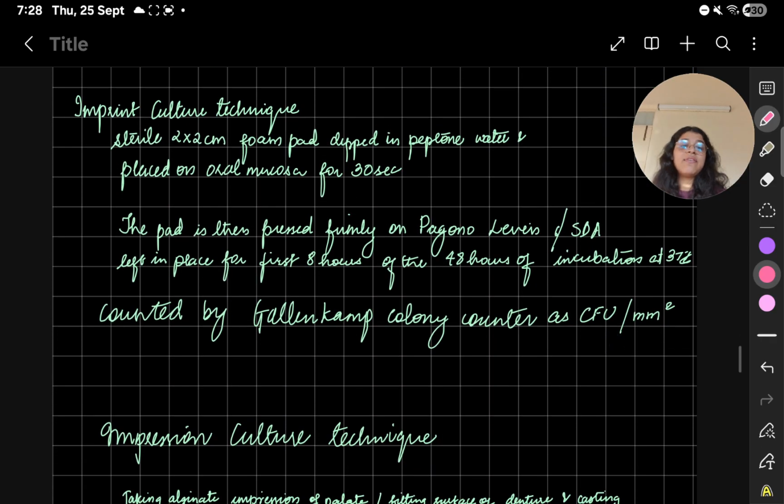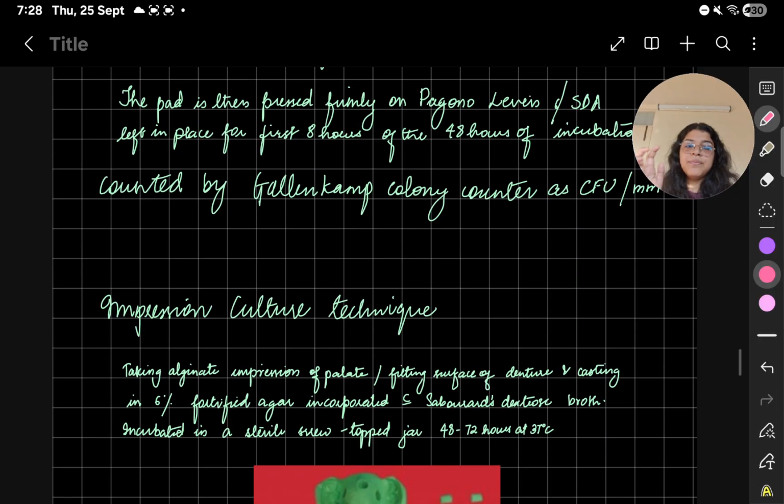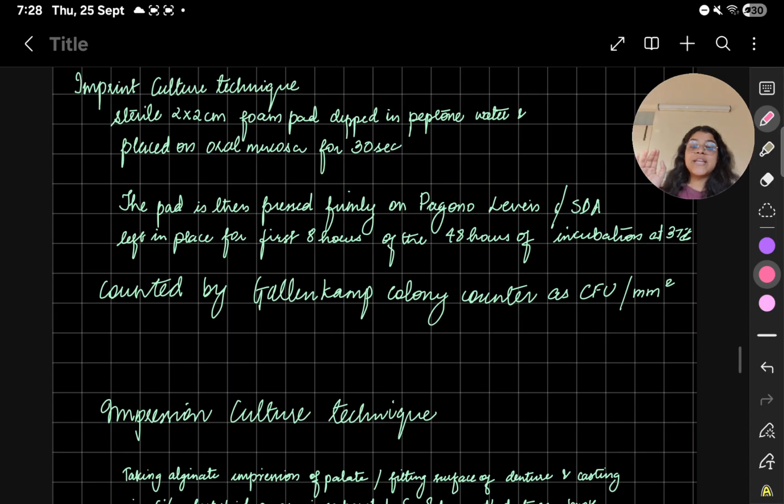Now we come to the imprint culture technique. Here you take a sterile 2x2 foam pad dipped in peptone water and place it over the mucosa for 30 seconds. The pad is then pressed firmly on the Pagano-Levin medium or Sabouraud dextrose agar and left in place for the first 8 hours of the 48 hours of incubation at 37 degrees Celsius.